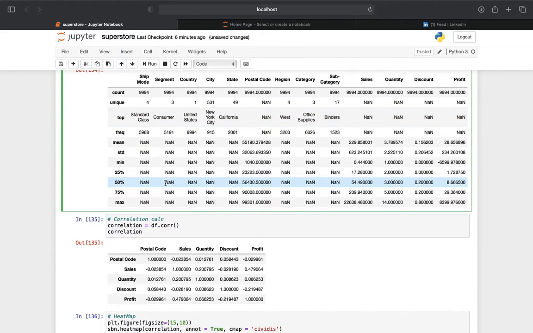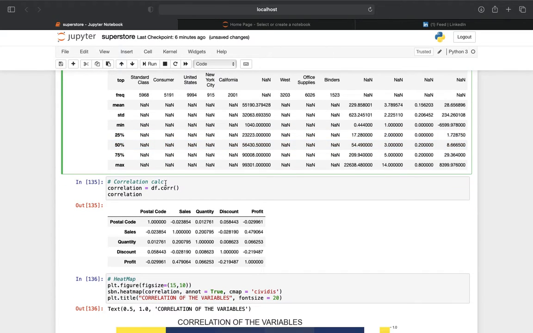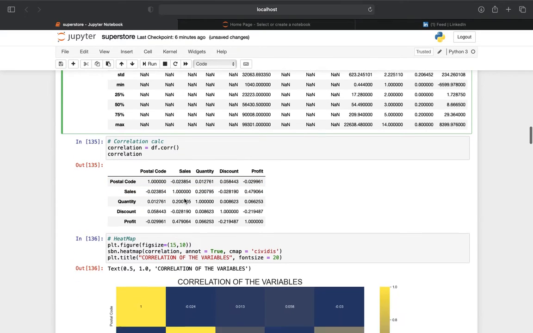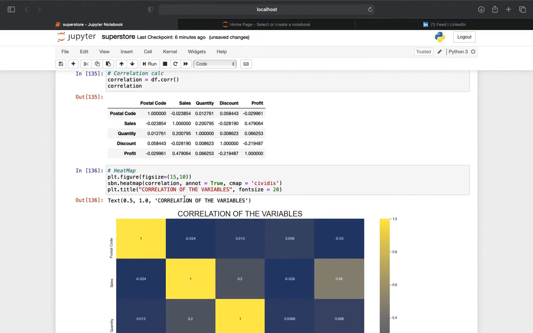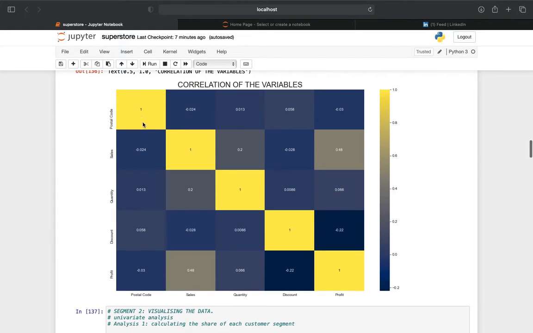Moving on to the important parts of this data analysis, first I found the correlation between different variables. Obviously these will be one because it's the correlation with itself. To make it easier, I printed out a heat map so we can figure out which correlations are worth studying and what we could do to make this business better.